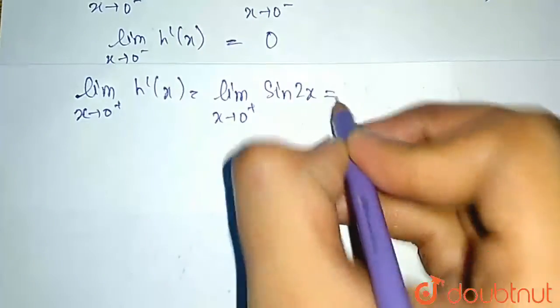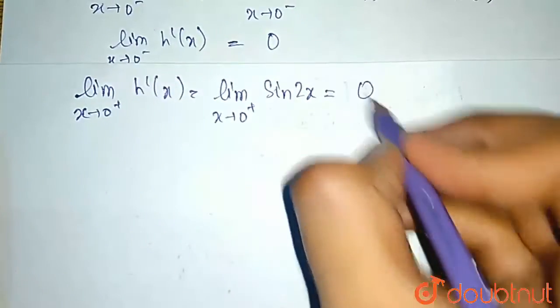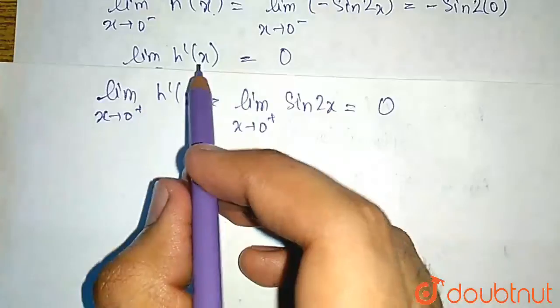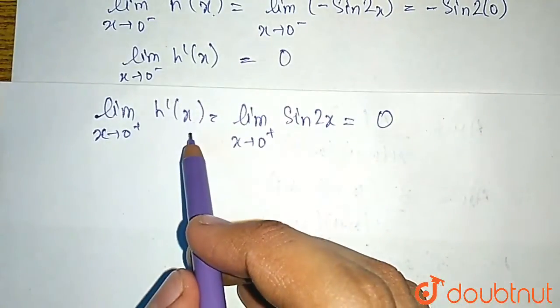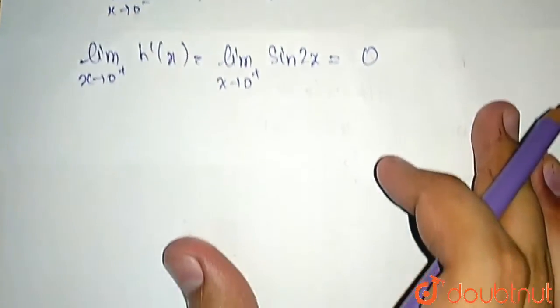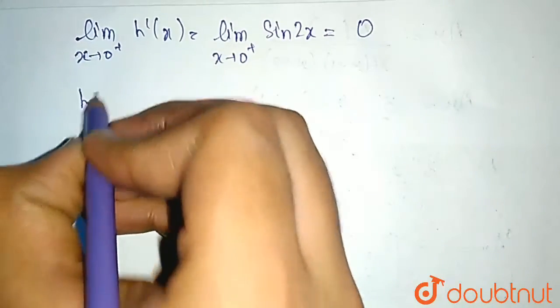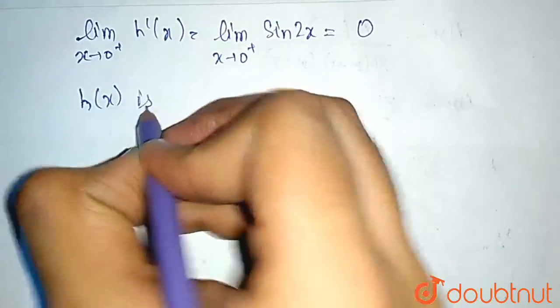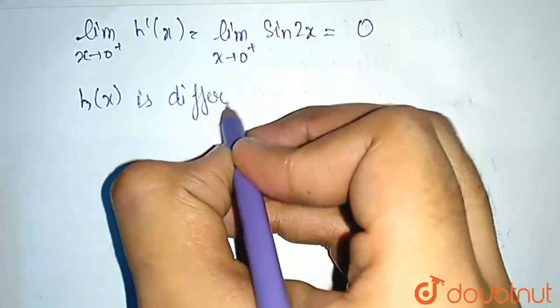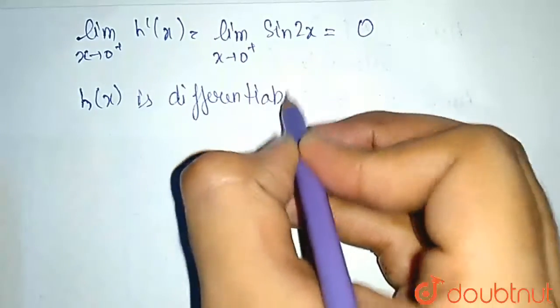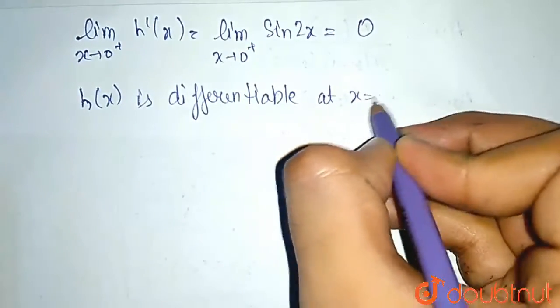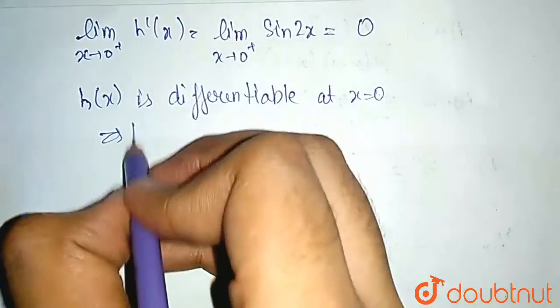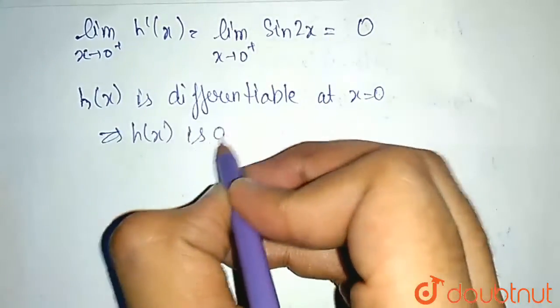If we substitute x equal to 0, this will again be 0. Now we can see that the left hand derivative and right hand derivative are equal. This implies h(x) is differentiable at x equal to 0. This implies h(x) is differentiable everywhere.